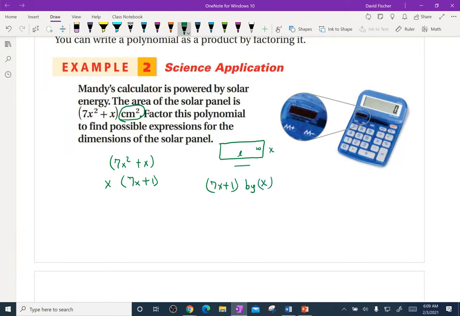That's the dimensions of this guy. 7x plus 1 by an x. That's how they get area. They multiply. Now we need units. Okay. So these are both centimeters. So it's a 7x plus 1 centimeters by x centimeters.